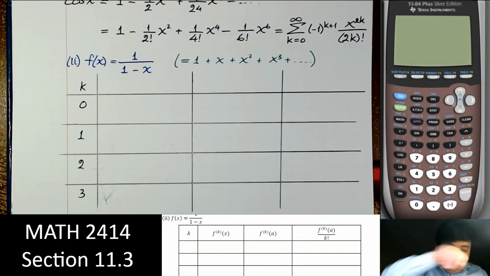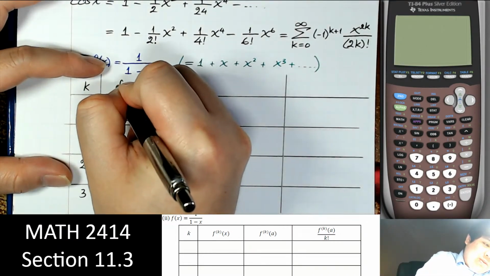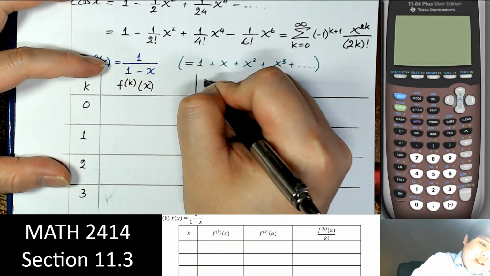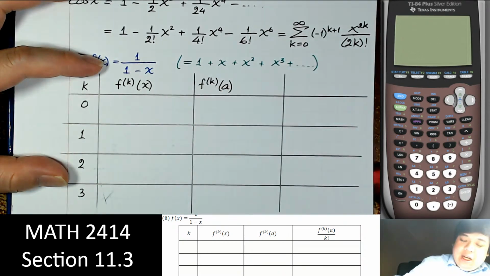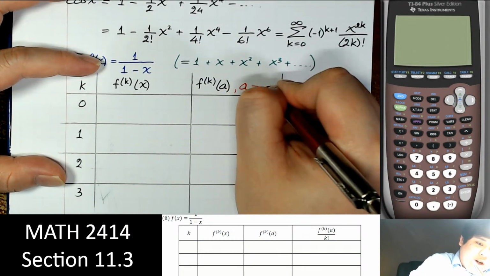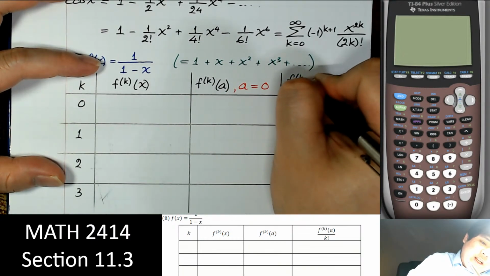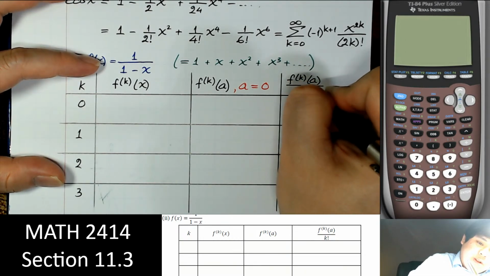Right, so we have k and then the k-th derivative at a. In this case it is a Maclaurin series, so a is equal to 0, and then that over k factorial.